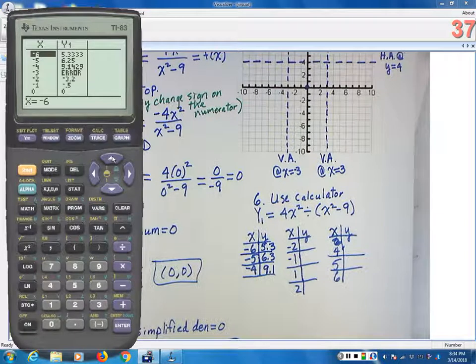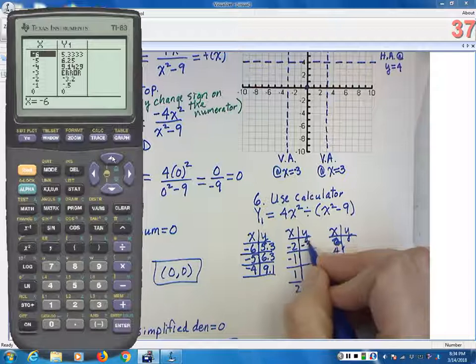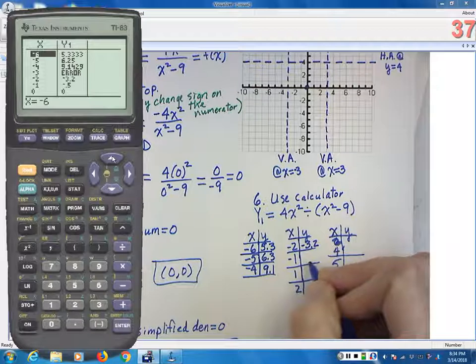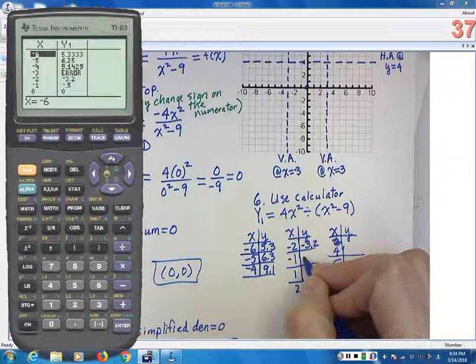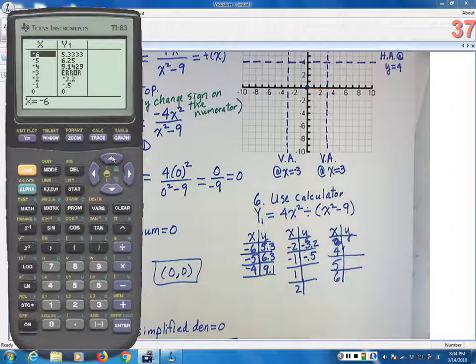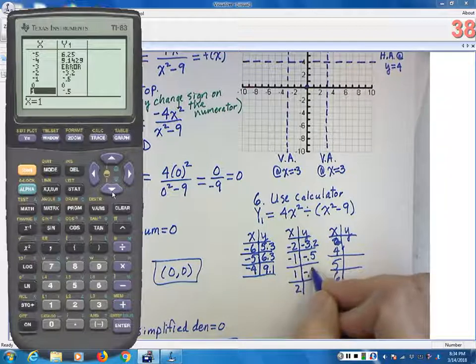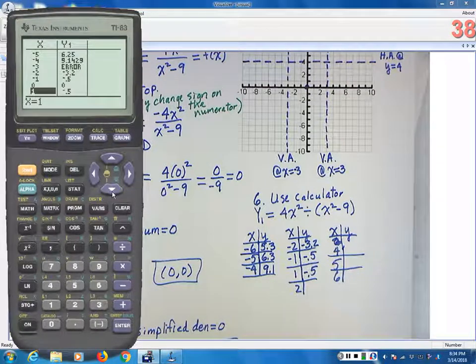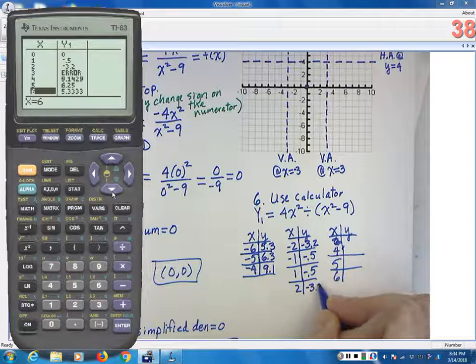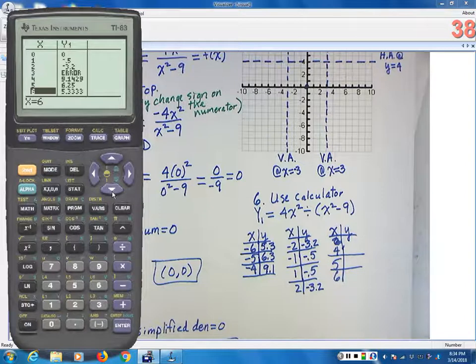At -2 it's at -3.2. At -1 it's at -0.5. And you can see that it is symmetrical. At 1 it's at -0.5 again. And at +2 it's going to be at -3.2. And at the asymptotes you'll get errors.